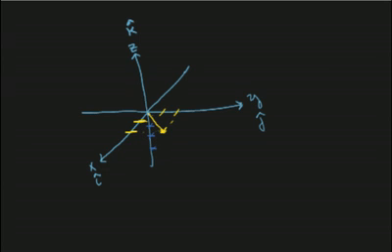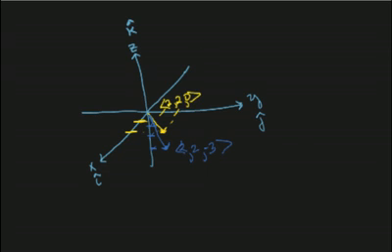So it would have been something like this if we did 2, 2, negative 3. Just to give you something that's not on the XY plane, something that's got a little bit more depth to it. So hopefully you can visualize this and practice on your own.